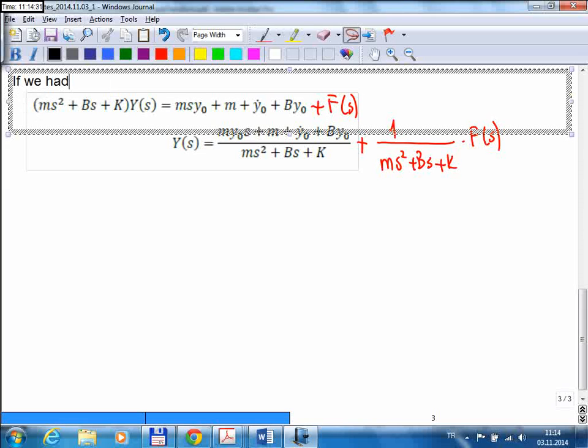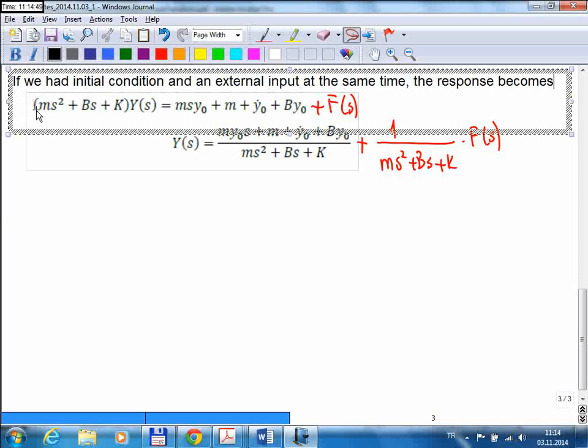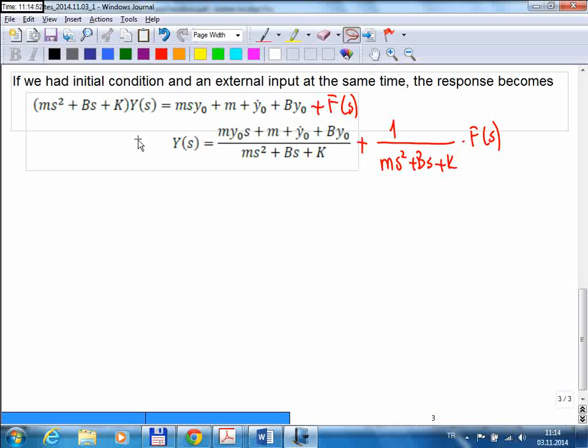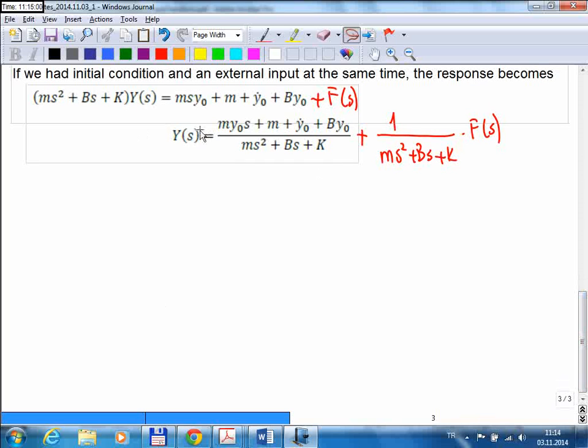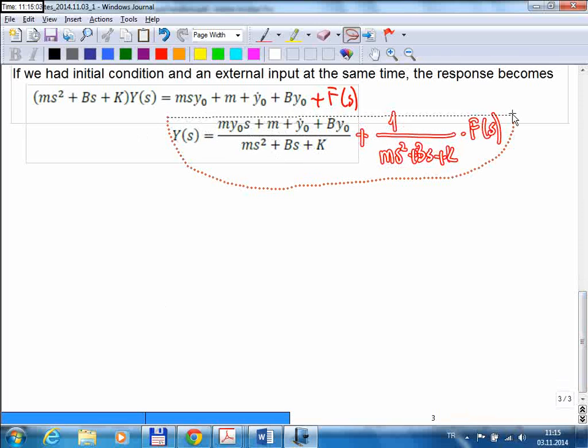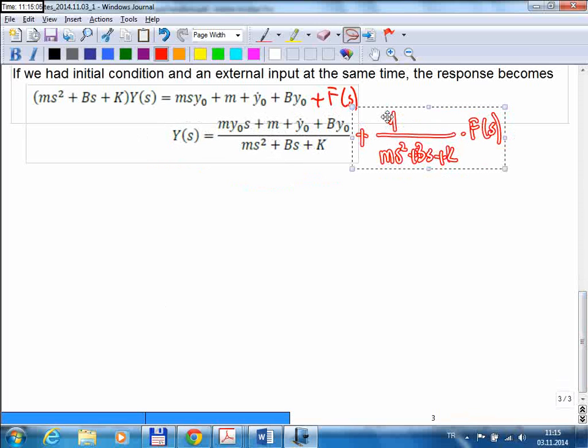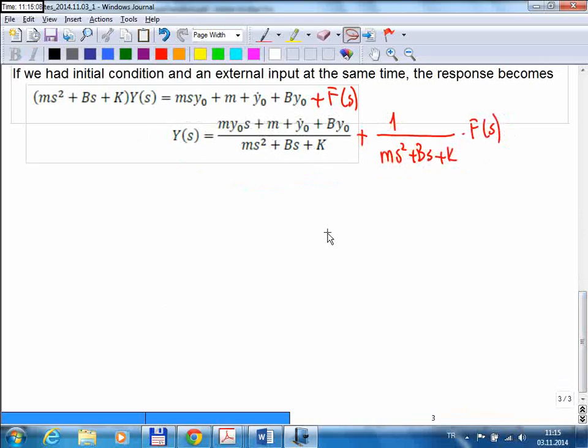If we had an external input, the response becomes this. And if you want to see how this looks in time domain, again you need to take the inverse Laplace transformation and go back to time domain.